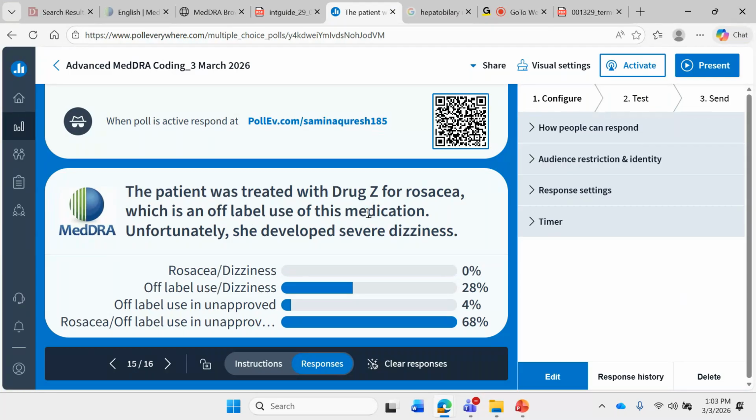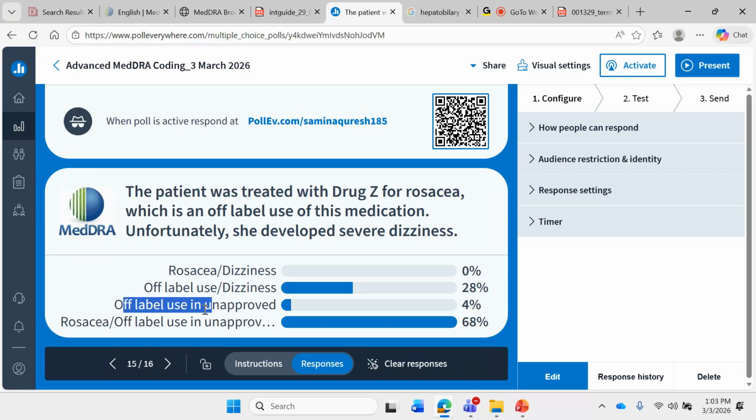Off-label means that typically this drug Z is used to treat another disease, another indication. But here it's being used for rosacea, a disease for which this is an off-label use. So the indication rosacea is off-label, and you can make that decision that this is off-label use, an unapproved indication.